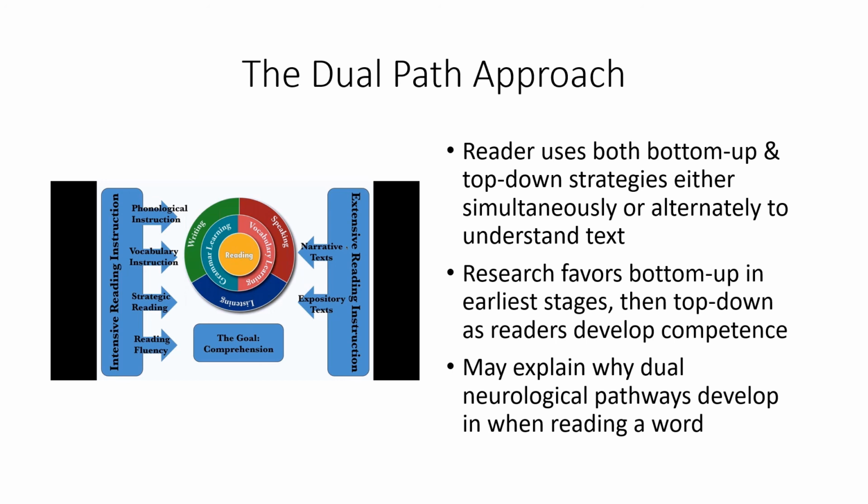And it split as it went, with part of it going to that area that analyzes sounds, and the other part going to that part that analyzes the word meaning. This may explain that dual pathway that develops during word reading.